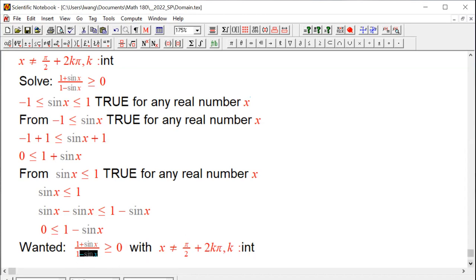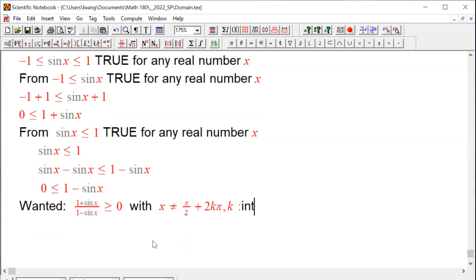The numerator is always positive or 0 for any real number. So this is going to be positive or 0.